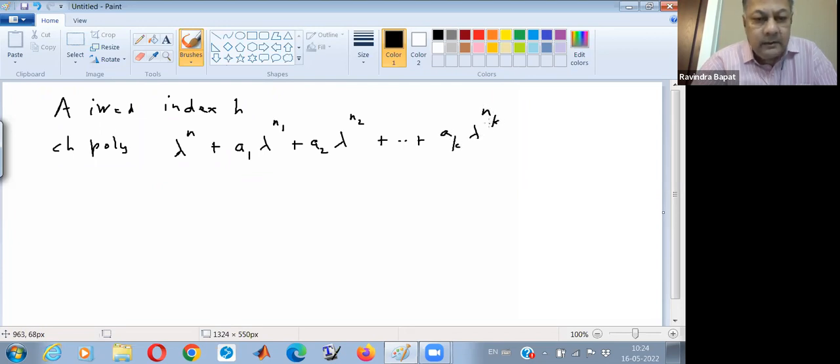Let me assume that n is greater than n1, greater than n2, and so on, without loss of generality, and A is n by n. So the characteristic polynomial will be of this form. There's no assumption here. It will always be of this form because the leading coefficient is 1, so the first leading term is lambda to the n, and there are other terms.